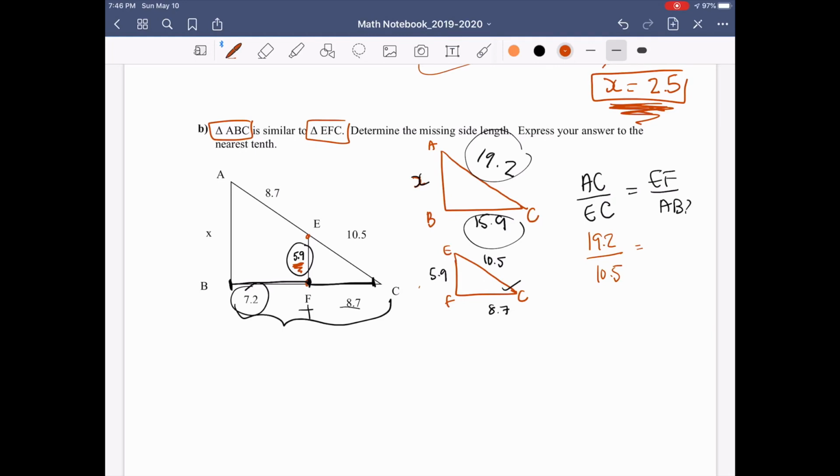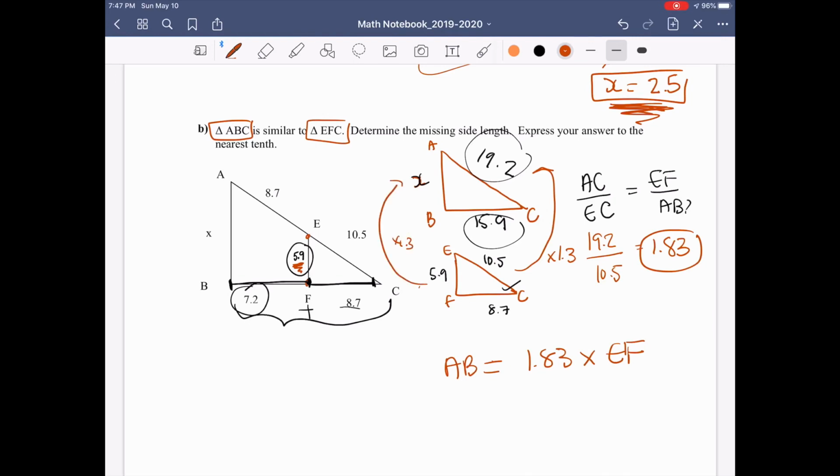I'm going to use the scale factor method. The scale factor is 1.83. So that means that AB is equal to 1.83 times EF. Okay, it's the scale factor because this times 1.83 gives us that. So this times 1.83 should give us X. So then I would do 1.83 times 5.9.